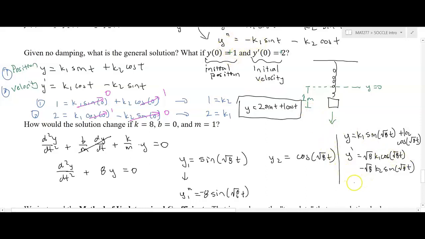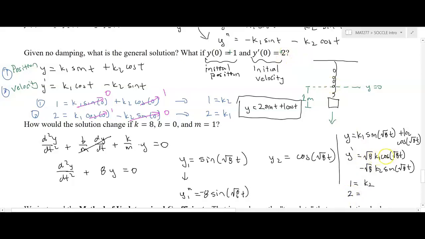For my position, it is 1 equals, now the first term is going to be k1 sine of 0, which is just 0, plus k2 cosine of 0, which is just 1. For the second equation, y prime is 2 at time 0.